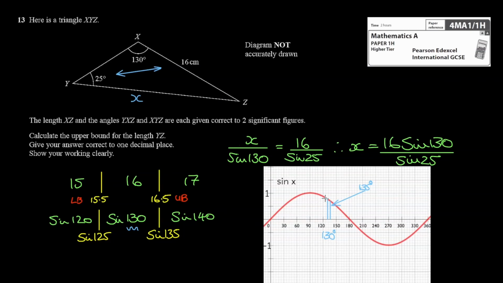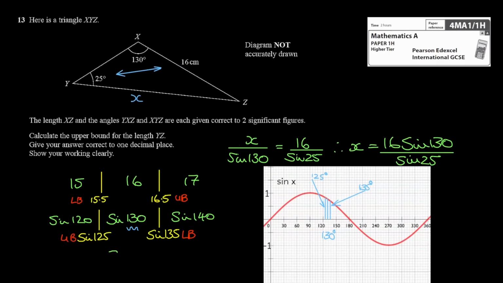And similarly, this other blue line I've just popped on at 125 degrees, I know the scale's not quite right, but the value of sine 125 compared with sine 130 has actually gone up. So our upper and lower bounds have actually swapped. This is the lower bound, and this is the upper bound.